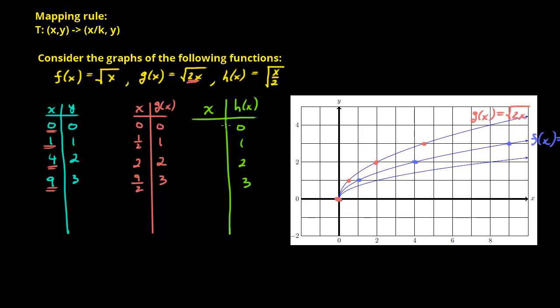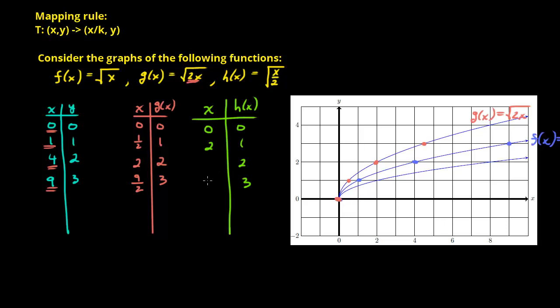So when is x over 2 equal to 0? When x is 0. When is x over 2 equal to 1? Because when I take the square root of 1, I'll get 1. And the answer to that is when x is equal to 2.